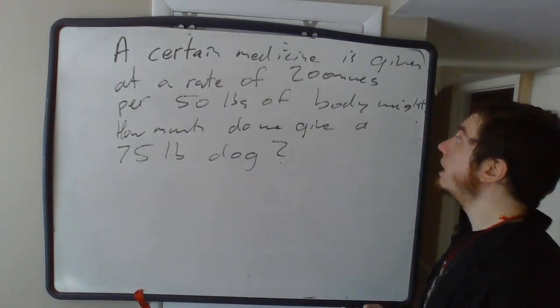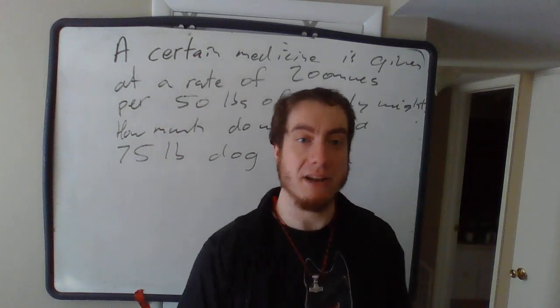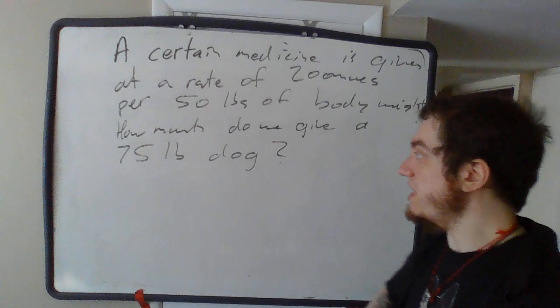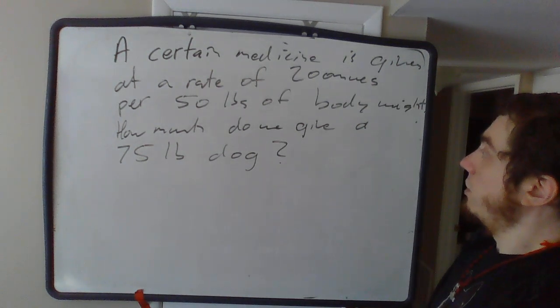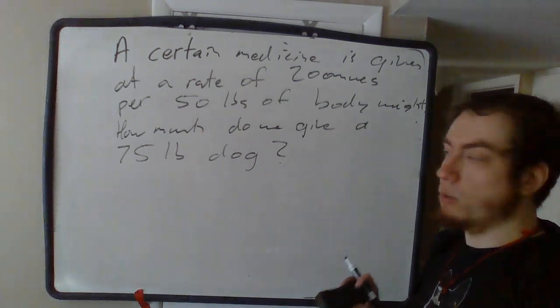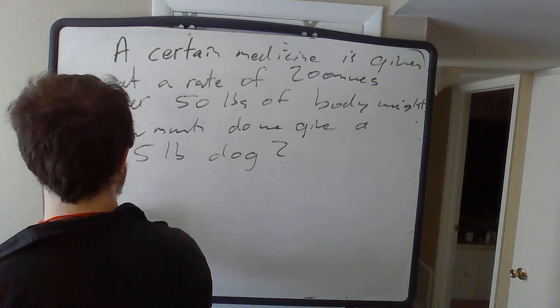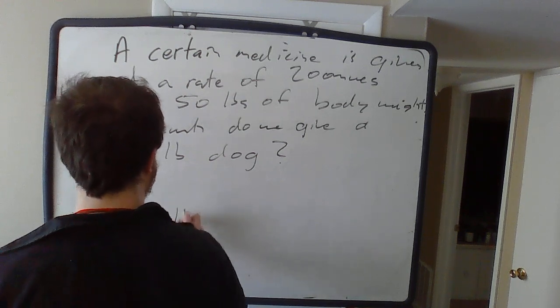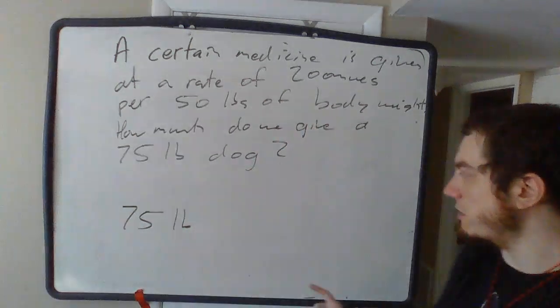Okay, so we have a 75-pound dog. Now, here's what we know. We need to give 2 ounces per 50 pounds of body weight. And the thing that we know about this is we want all of the units to work out. So what we're going to do is start with 75 pounds of body weight.